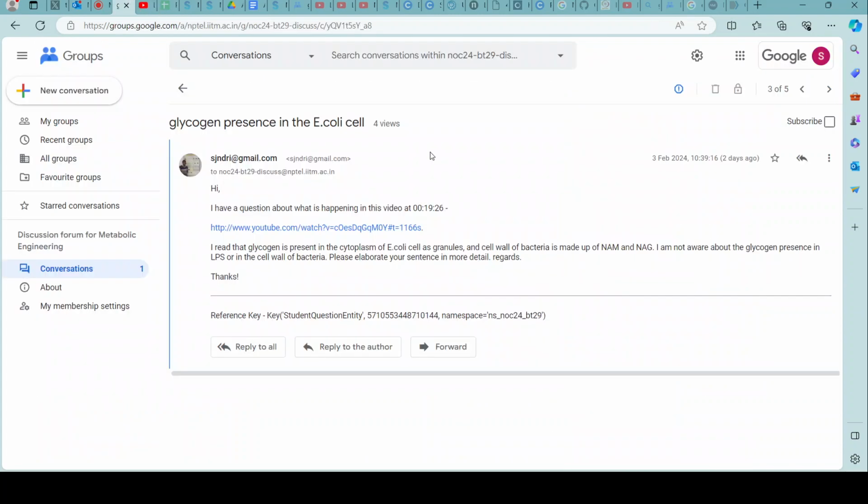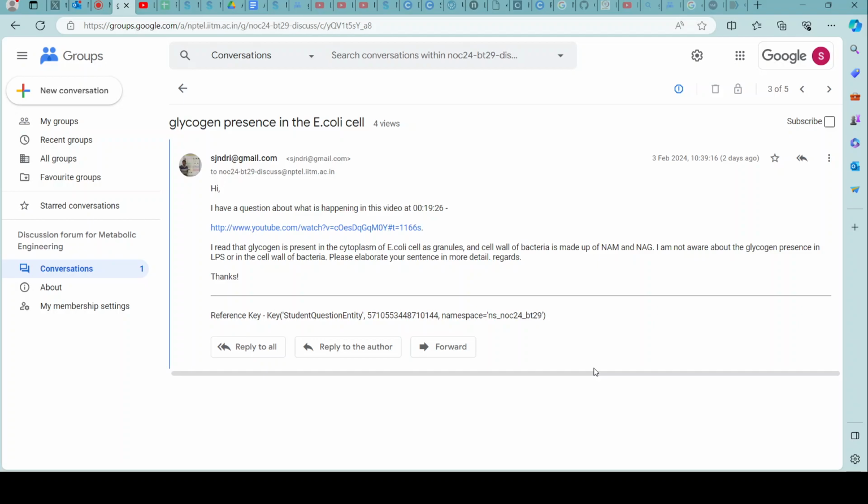One thing that we can consider is that glycogen is a sugar source, although it does not directly contribute to the polysaccharides that form LPS and NAG and NAM that contribute to the cell wall.